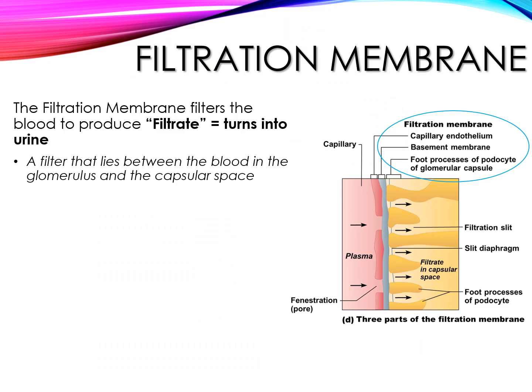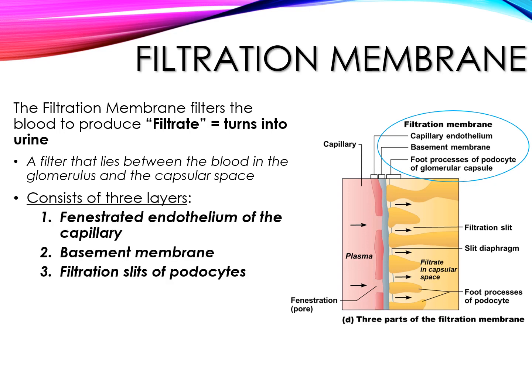So then I just have it all written down about this filtration membrane. Essentially, the filtration membrane is what is going to create the filtrate, which will then become urine, okay? So I wrote out the layers of this filtration membrane because I want you to know it.